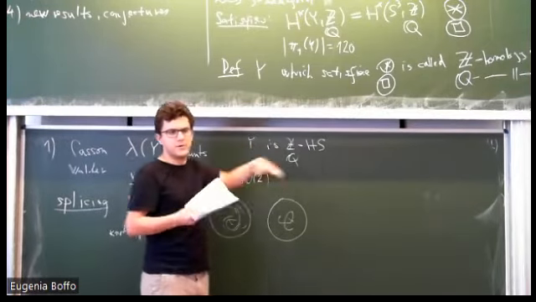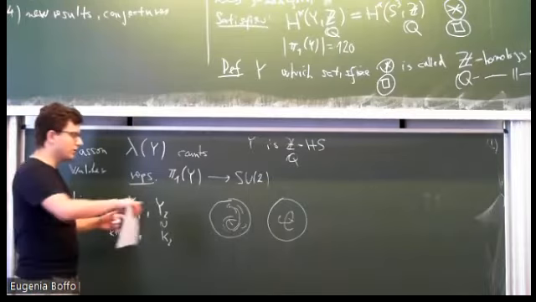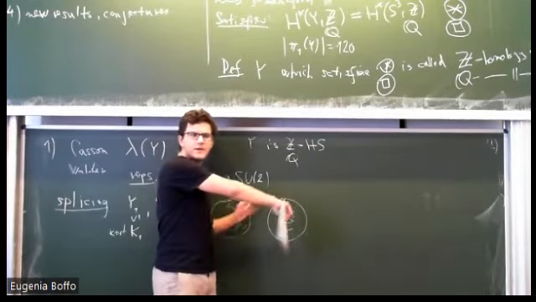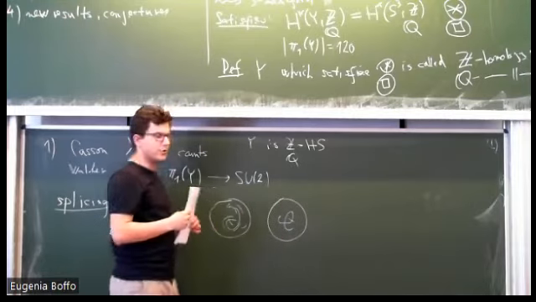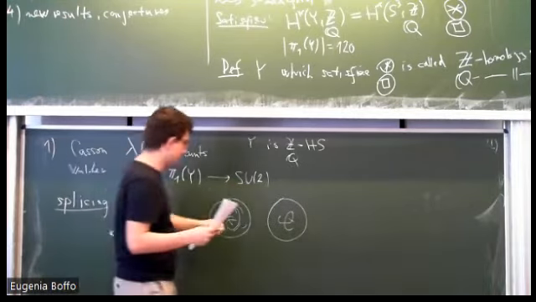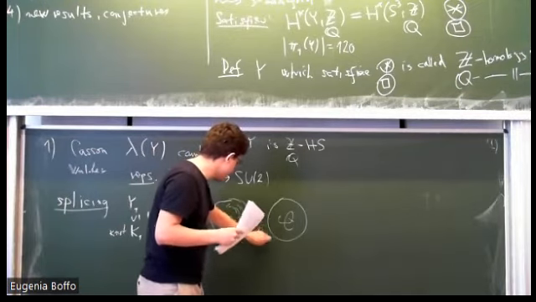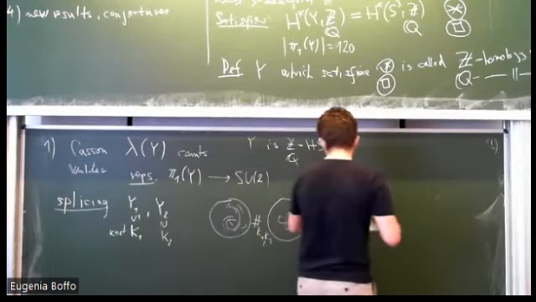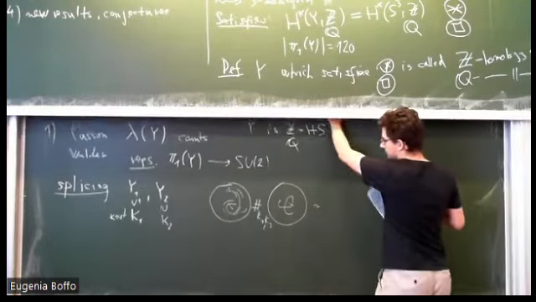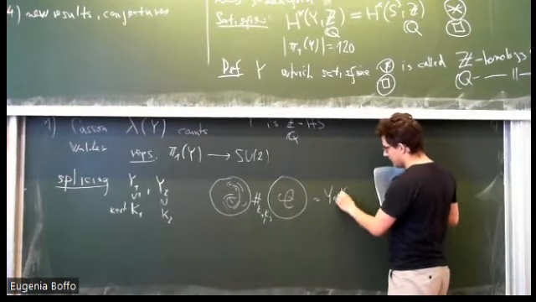So this is something which doesn't work in more generality. So you glue the longitude to the meridian and the meridian to the longitude. So there is this canonical way to do it, and this produces, with this knot, another homology sphere. So this is the splice.